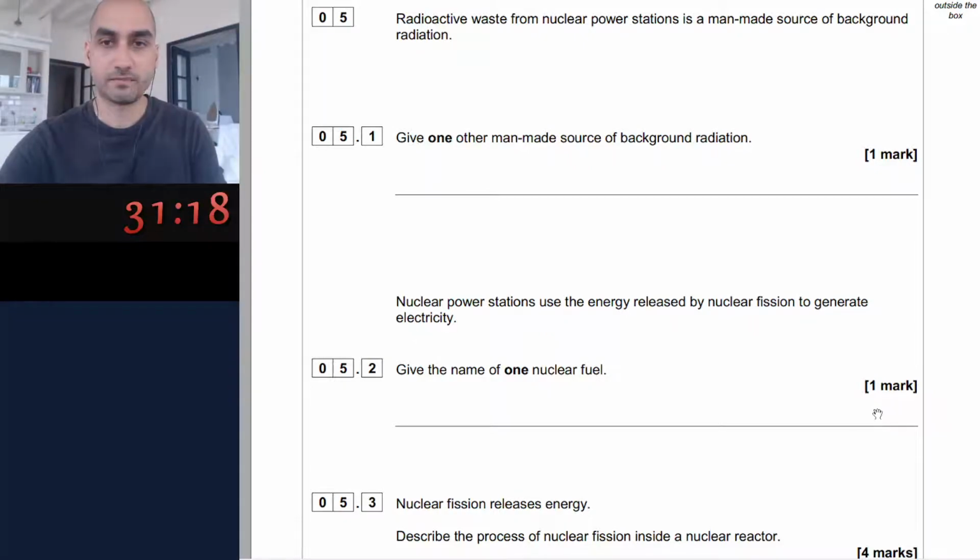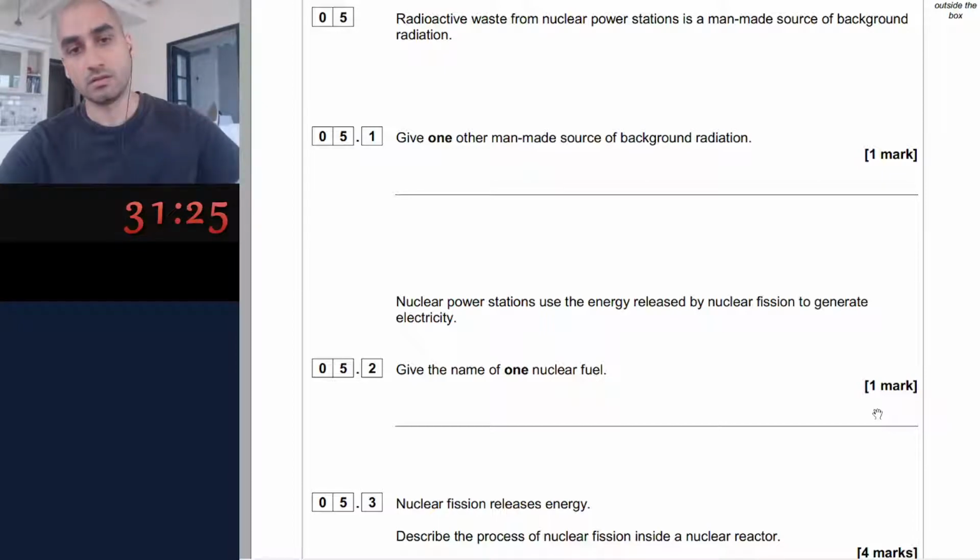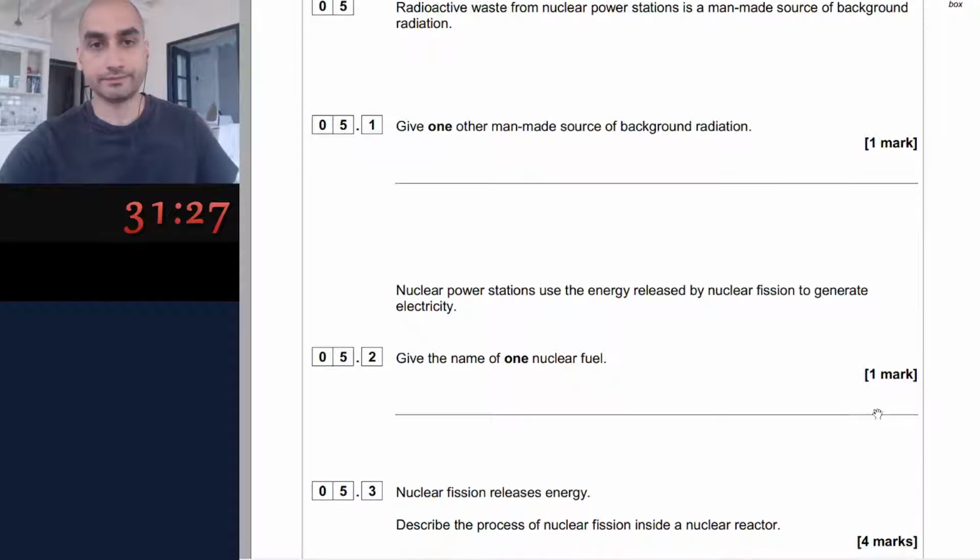Radioactive waste from nuclear power stations is a man-made source of background radiation. Give one other man-made source of background radiation. Well, coal actually produces radioactive radiation, doesn't it?